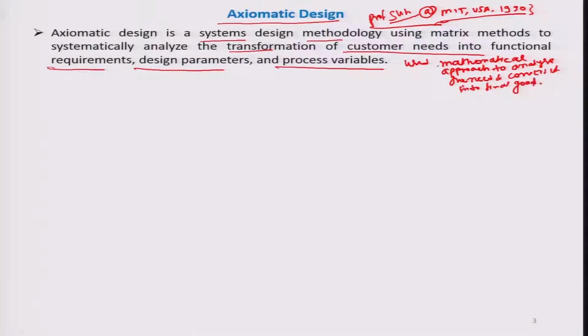Okay. So, for that he used 4 domains: first was customer need, second was functional requirement, third was design parameter, and last one was process variable. I will discuss each element in detail in the next slides.